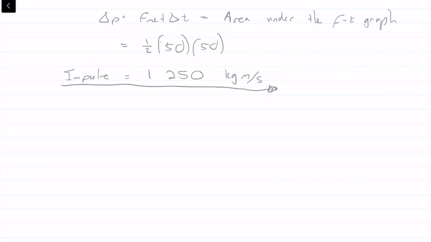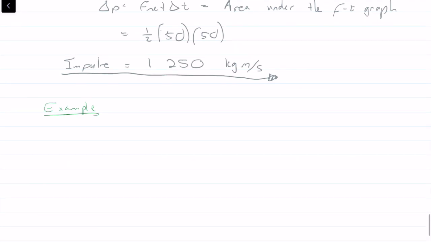Okay, so now let's go into something that's a bit more mathematically intensive. So let's say we have another example. A common example that we almost always come across is the concept of a bullet going through something or something along those lines.